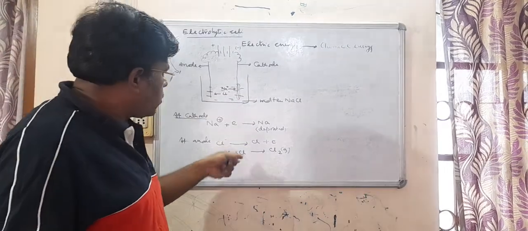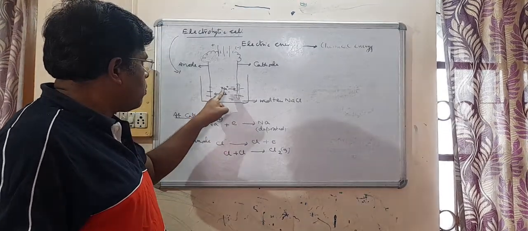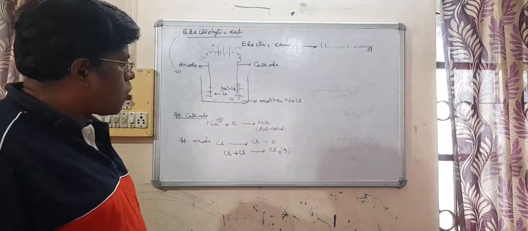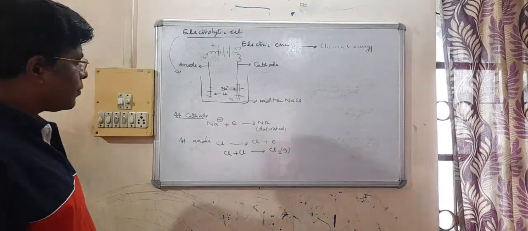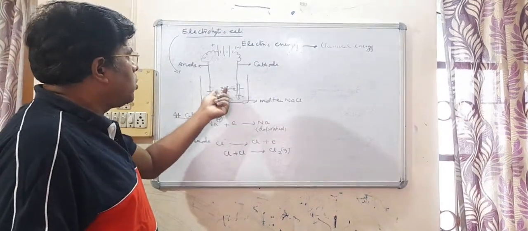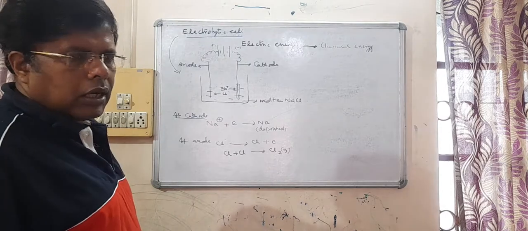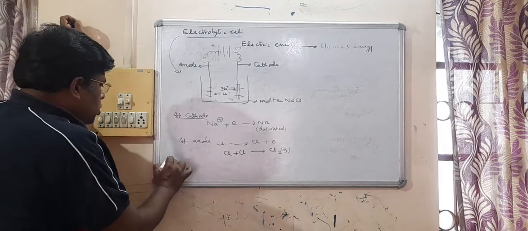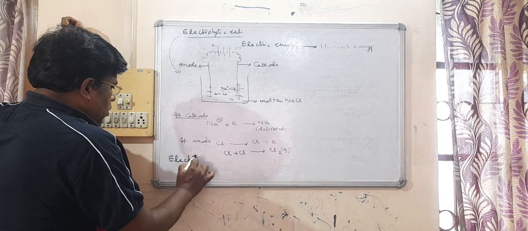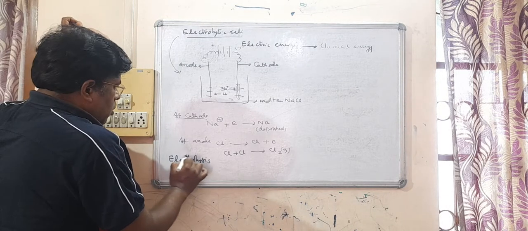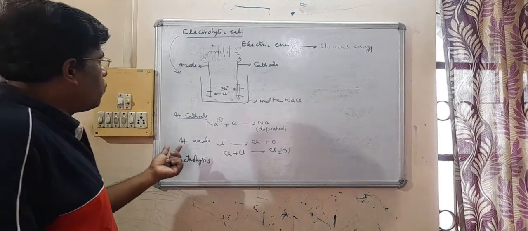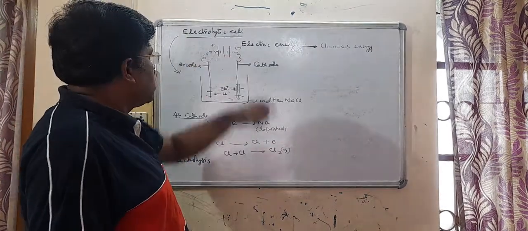We see that sodium chloride is getting broken down into its constituent elements. This phenomenon of breaking down a compound by passing electric current is called electrolysis. The phenomenon of electrolysis takes place in an electrolytic cell.